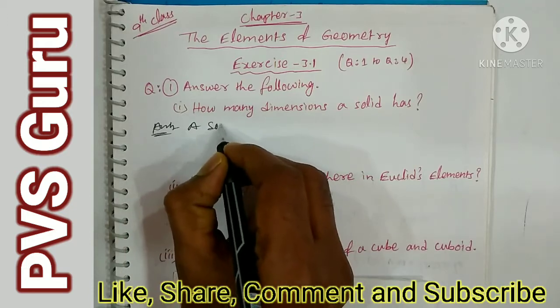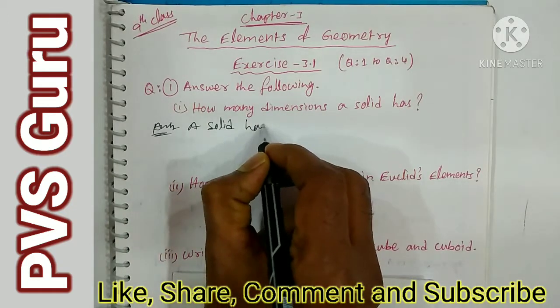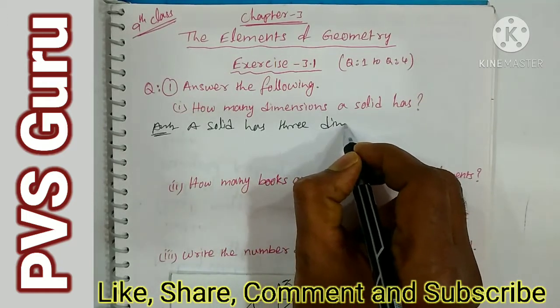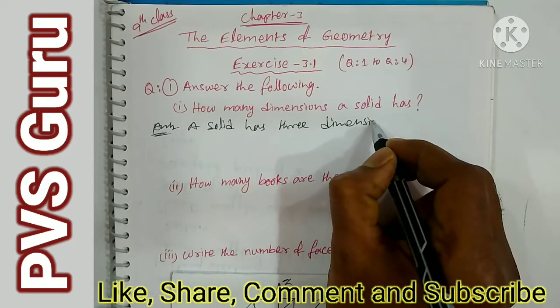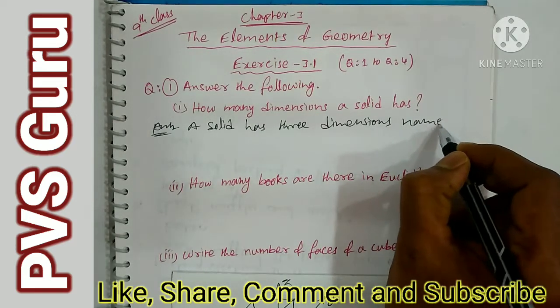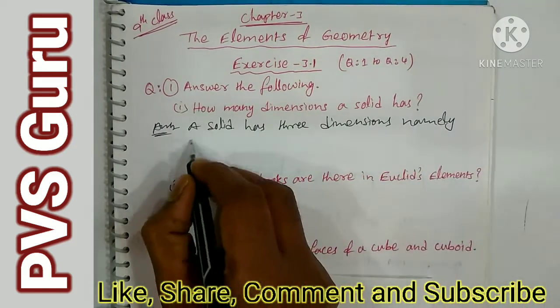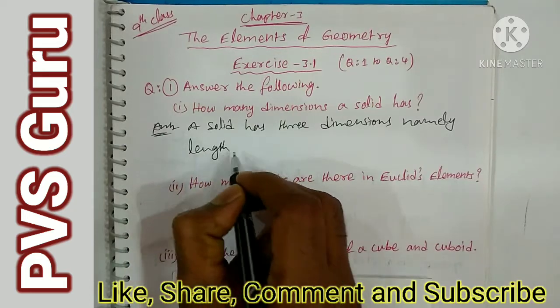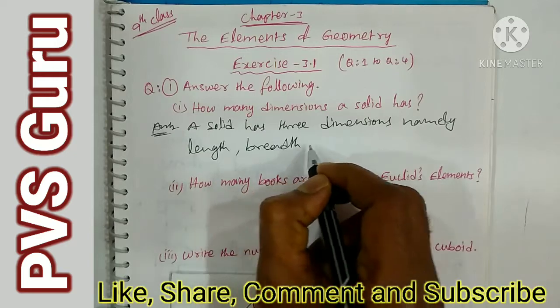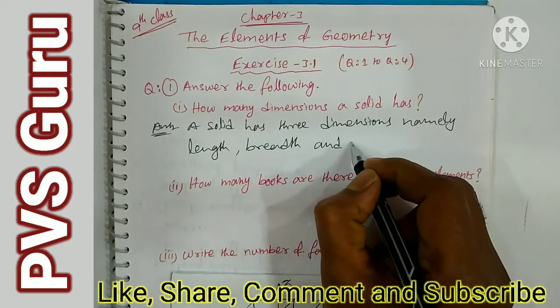A solid has 3 dimensions, namely length, breadth and height.